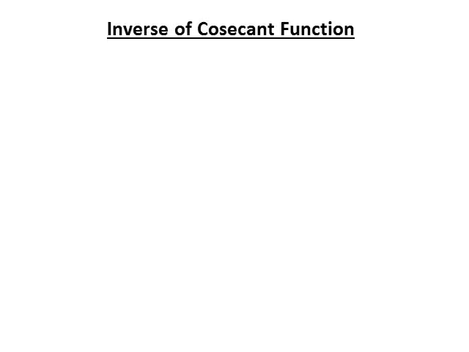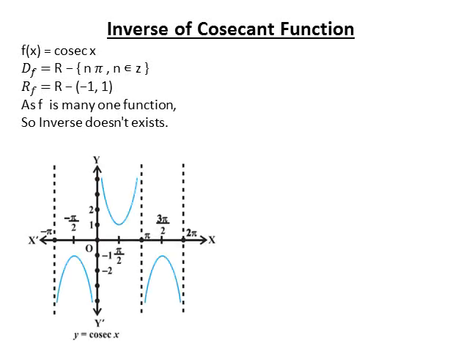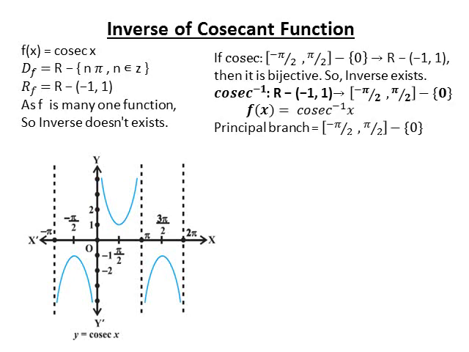In the same way, if we observe the cosecant function, it is not one-one within its domain. But from the graph, we can observe that if we take domain of cosecant function as closed interval minus pi by 2 to pi by 2 except 0 and range as set R of all real numbers except open interval minus 1 to 1, within this mapping it is bijective.